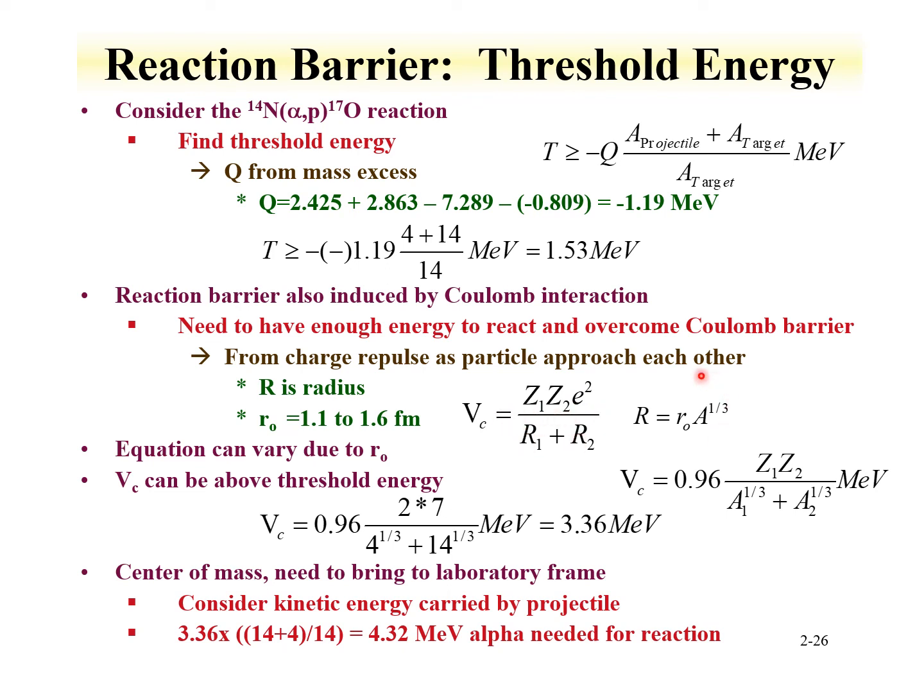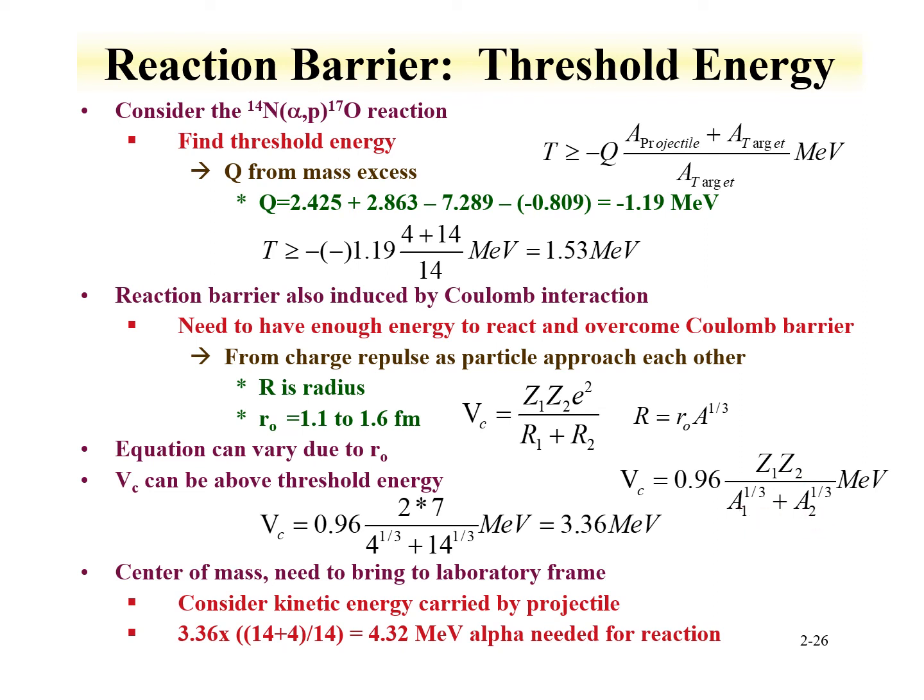If we use this equation for the radii, where nuclear radii can be approximated with a constant times A to the 1/3, we can substitute this equation and show a Coulomb barrier, which is just a relationship of a constant, the Z of the projectile, Z of the target, the A of the projectile, the A of the target.